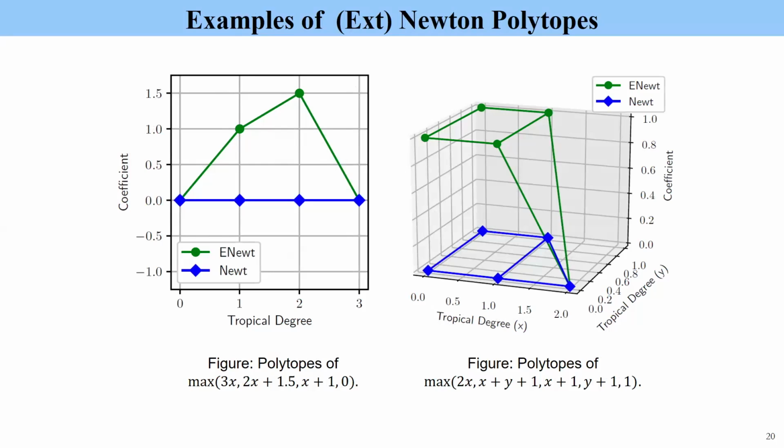Examples. We see in blue the standard Newton polytope of this max plus polynomial in 1 variable on the left. In green, you see the extended version, the extended Newton polytope, and same idea with an example in 2 dimensions on the right. So it is the extended Newton polytopes that are more useful for us.